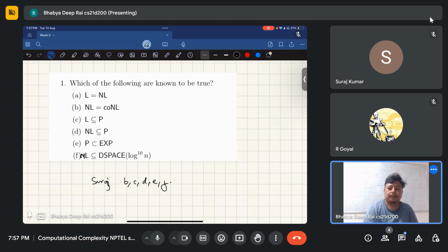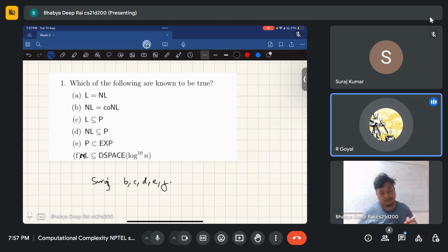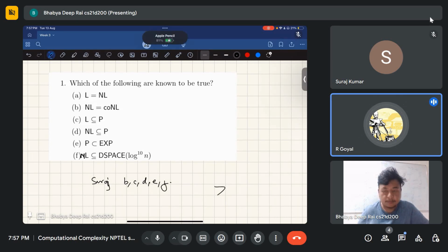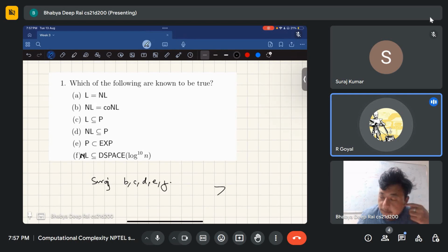Yes, so for A we do not know, and for B it is by that Immerman thing, so it is true. And L is a subset of P, yes, it is true. NL is a subset of P, this is not true, because we have a relationship in between L and NL.